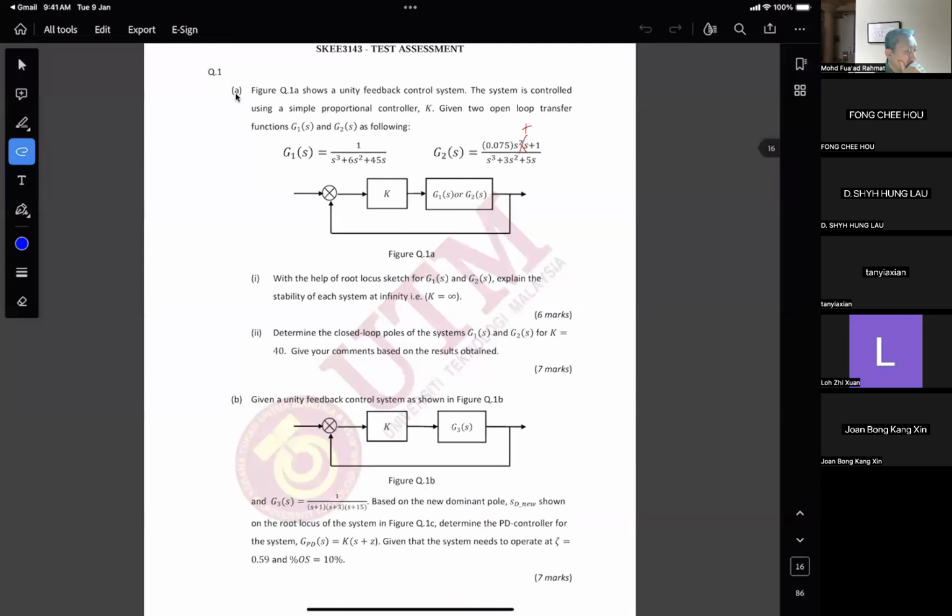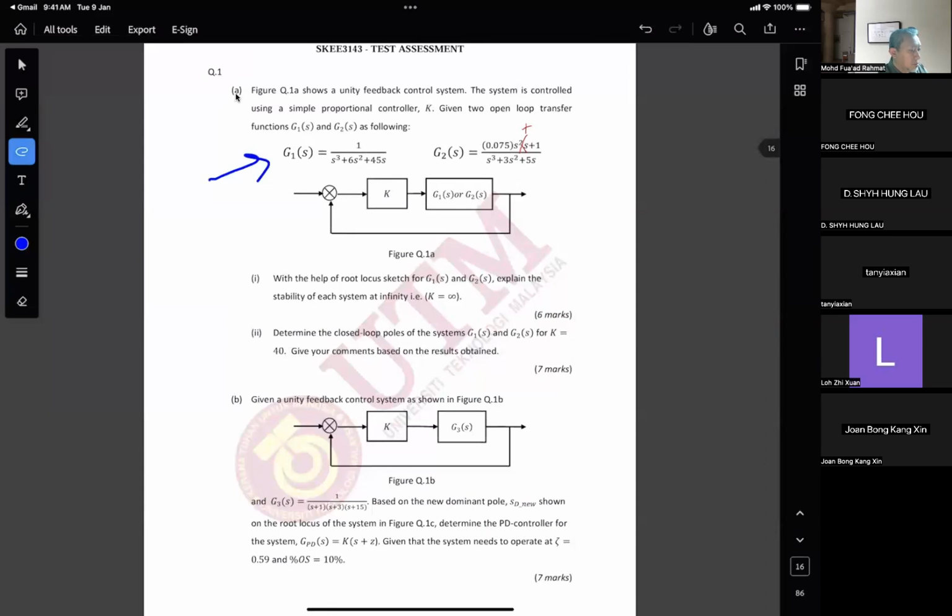Figure Q1A shows a unity feedback control system. The system is controlled using a simple proportional controller K. Given two open loop transfer functions G1(s) and G2(s) as follows. With the help of root locus sketch, G1(s) is equal to 1 over s cubed plus 6s squared plus 45s.